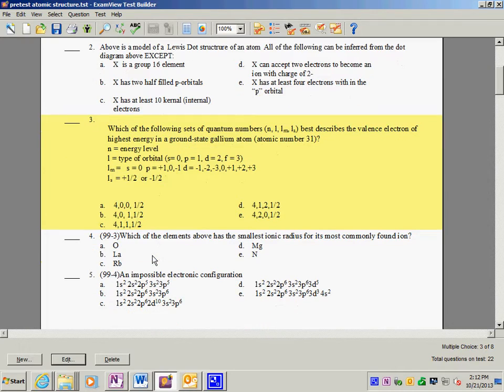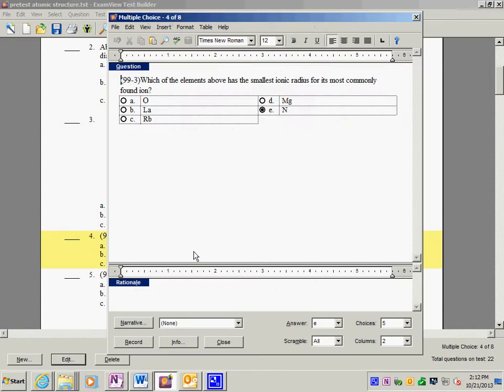p's. In this case, which element has the smallest radius? They're all ions or ionic radii. This would be O-2. The answer is magnesium. And the reason why is oxygen and magnesium and nitrogen all have the same ions they would form.